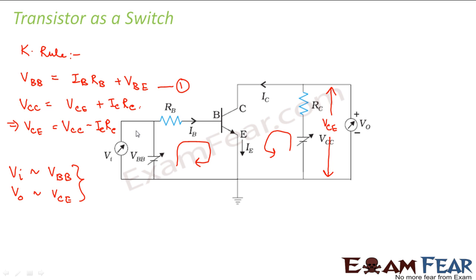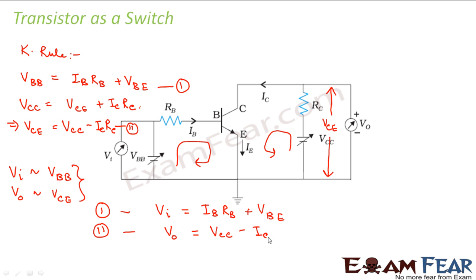Equation 1 becomes VI is equal to IBRB plus VBE, and equation 2 becomes V0 is equal to VCC minus ICRC.